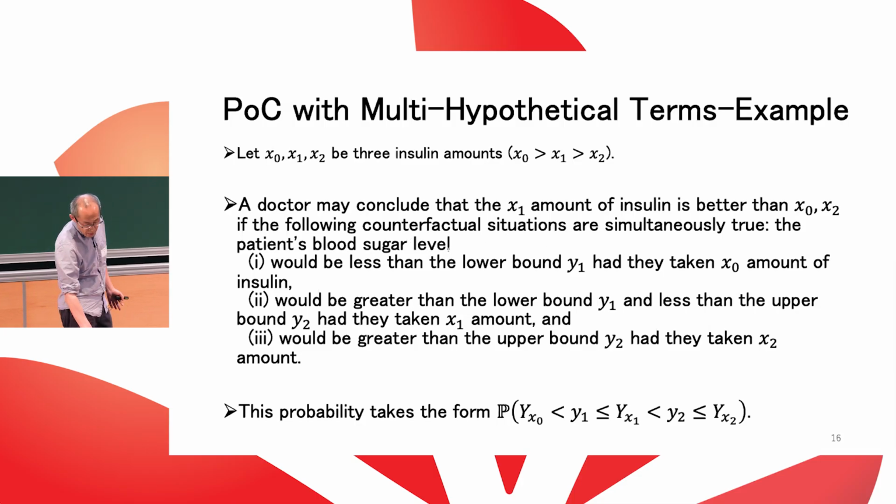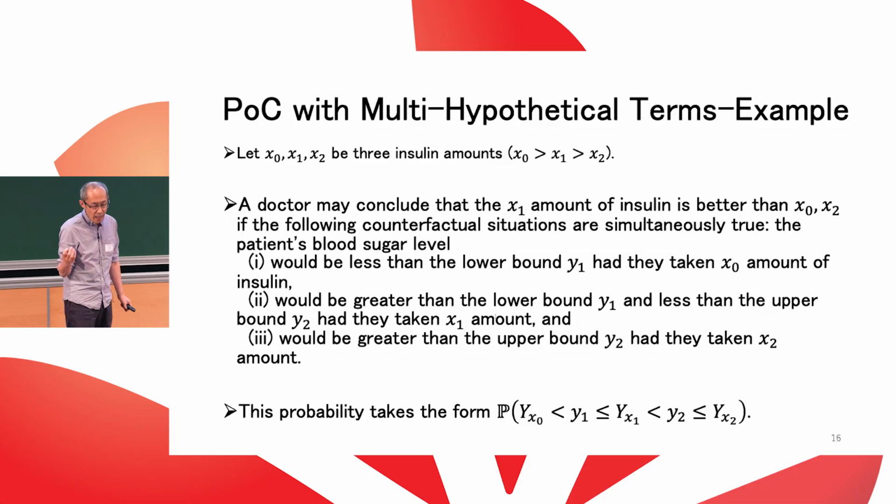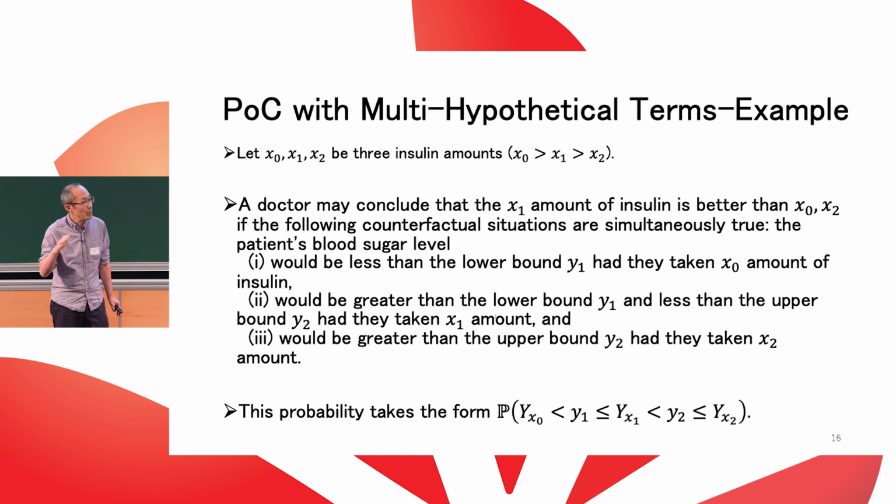We ask: the patient's blood sugar level would be less than the lower bound y1 had they taken x0 amount of insulin; greater than y1 and less than y2 had they taken x1 amount; and greater than the upper bound y2 had they taken x2 amount. So three different counterfactual statements simultaneously.